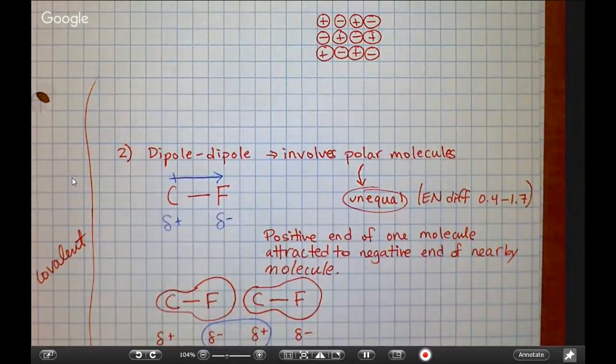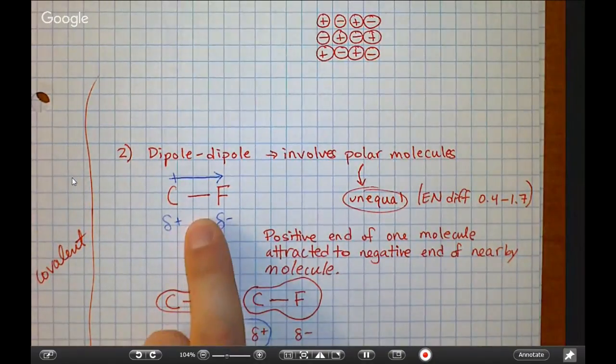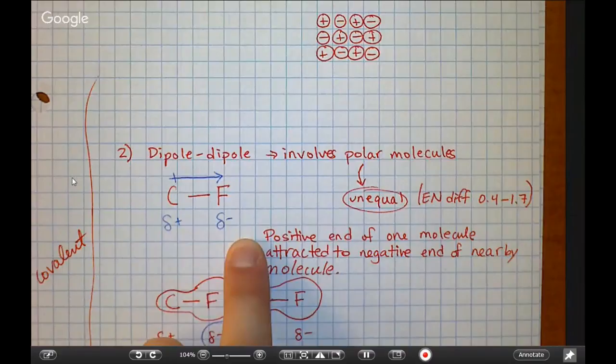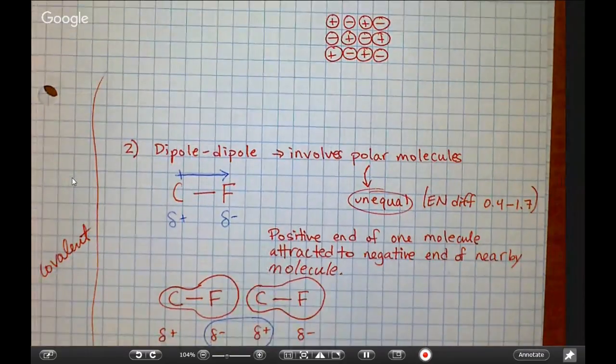the way covalent compounds are set up is they share electrons between bonds. And again, we want attractions between molecules. So in a dipole-dipole attraction, if we have a polar bond where one end is slightly positive and one is slightly negative, then it's going to team up with another molecule nearby such that the positive end is going to be near the negative.